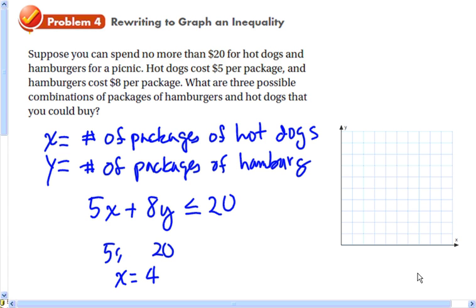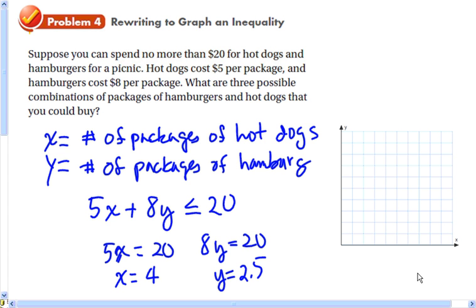So we're just going to solve the related equation to find that intercept. 5x is equal to 20. And if we put 0 in for x, we're finding the y-intercept, so that means 8 times y is equal to 20. And so y is equal to 20 divided by 8, which is 2.5. So there's my intercepts.